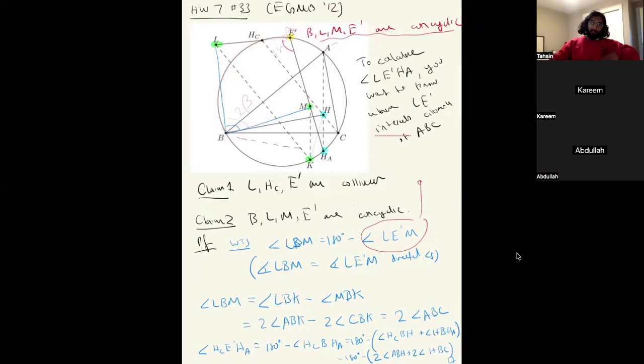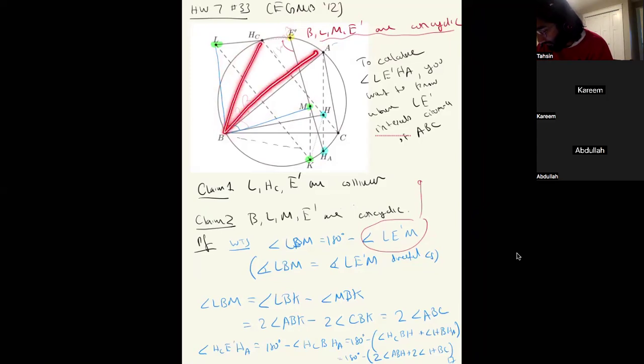If you go through that calculation, this arc has to be something like 90 minus alpha, and this arc something like 90 minus beta. If you've looked at these diagrams enough, you'll know that's exactly the location of this point.